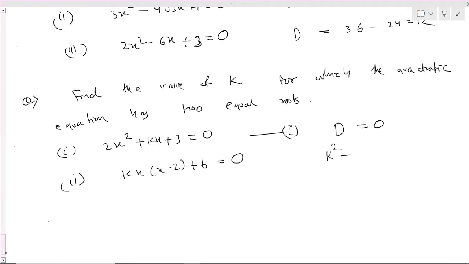So k square minus 4 into 2 into 3 must be equal to 0. So k equals square root of 24, but do not forget to use plus and minus. So this is plus minus 2 root 6.